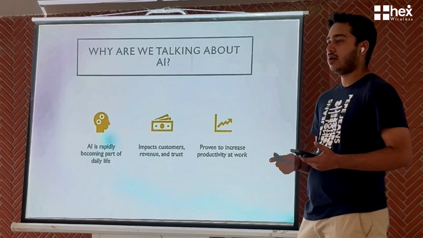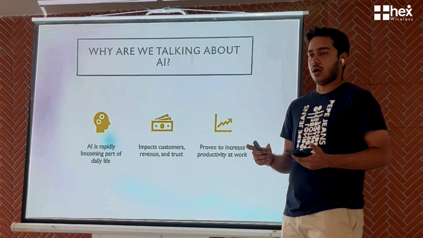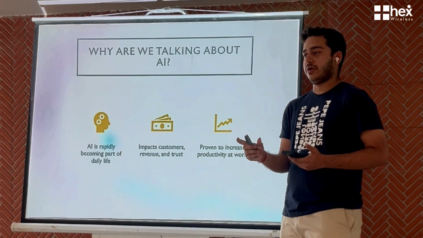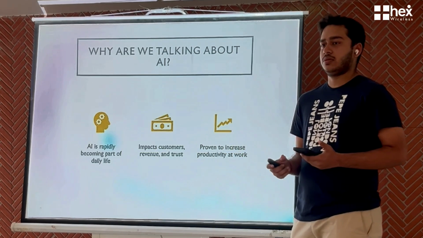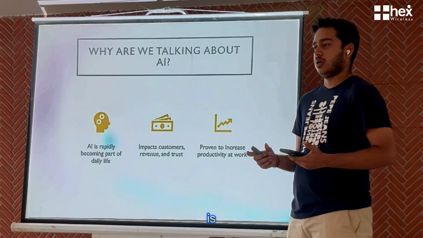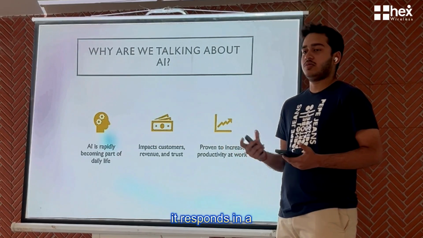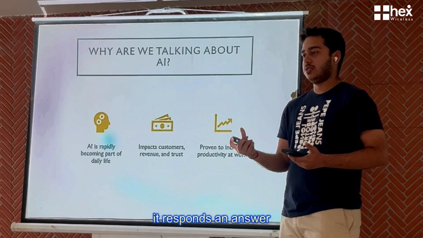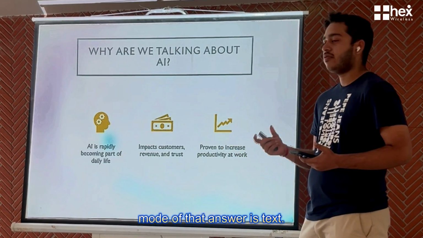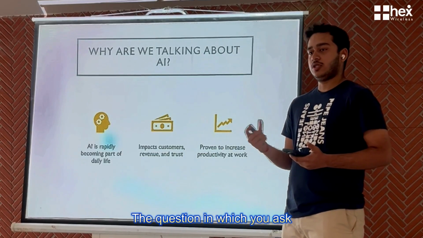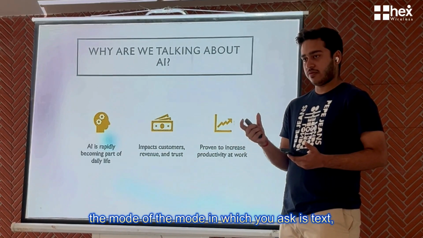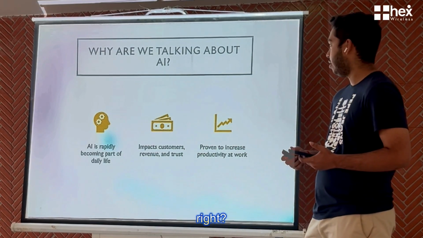The reason being that the AI which we interact with, a major chunk of it is in the form of LLMs. LLMs, in simple words: you ask a question and it responds with an answer, and the mode of that answer is text. The mode in which you ask the question is text, right?